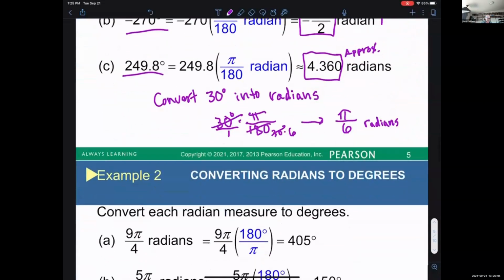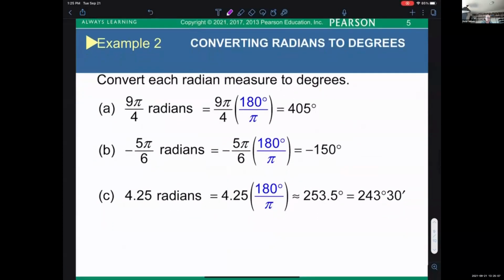Okay. So going the other way, if they give you something that's in radians, you could then convert that into degrees by multiplying by 180 over pi. And notice now when they're giving you something in radians, when they give you nice exact values, it's usually got some multiple of pi in the answer already.